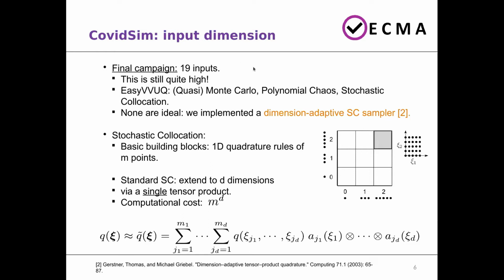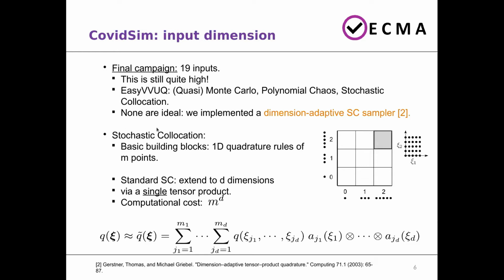Polynomial chaos and stochastic collocation are subject to the curse of dimensionality. I'll get back to that, but this basically means that you can't really apply them for more than, let's say, 8 parameters. And of course, Monte Carlo methods have a low convergence rate. So to fix this, we implemented a different type of sampler, which is a version of stochastic collocation that is dimension adaptive.